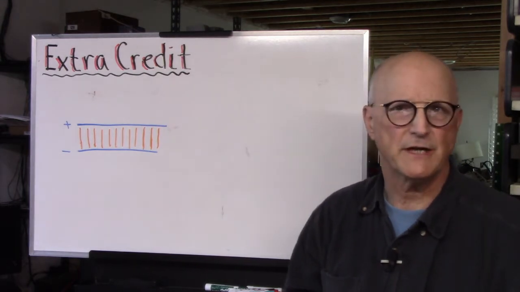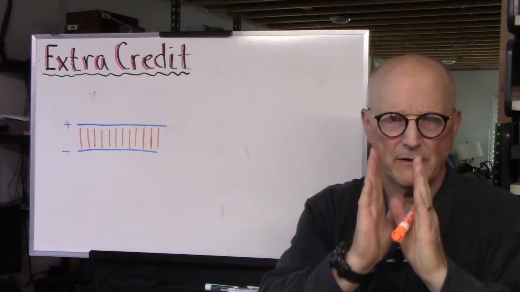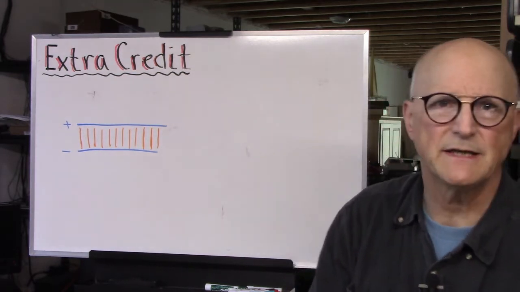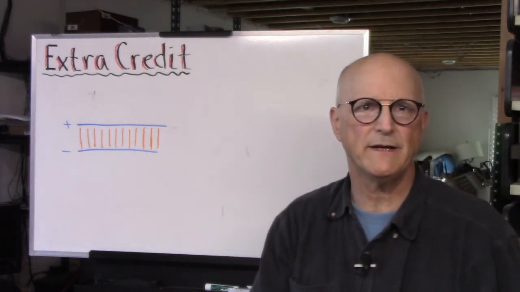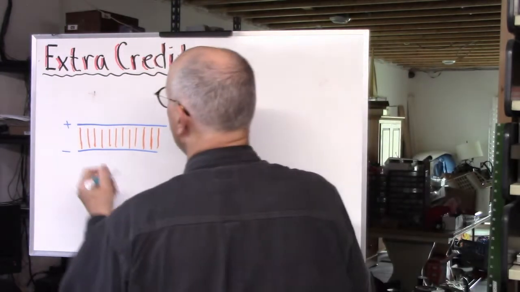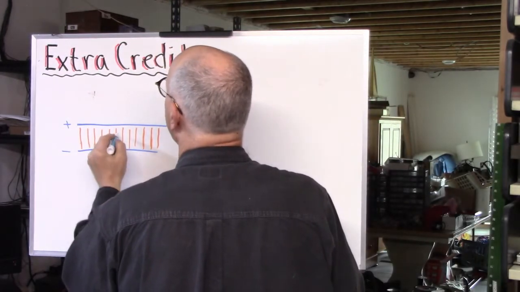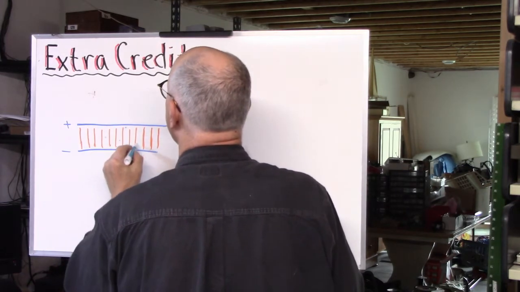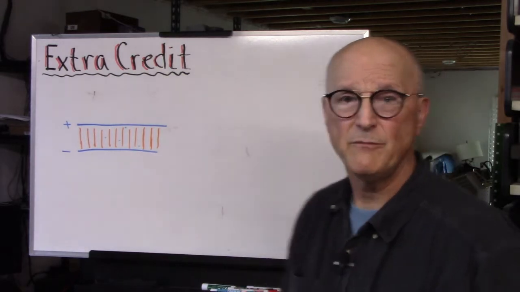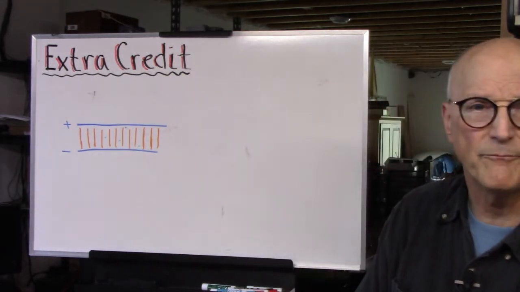There's no diverging. All of the lines are parallel to one another. As a result, the electric field intensity does not change from one point to another between the two plates. It wouldn't matter if you were here, or up here, or down here. The electric field intensity remains exactly the same.